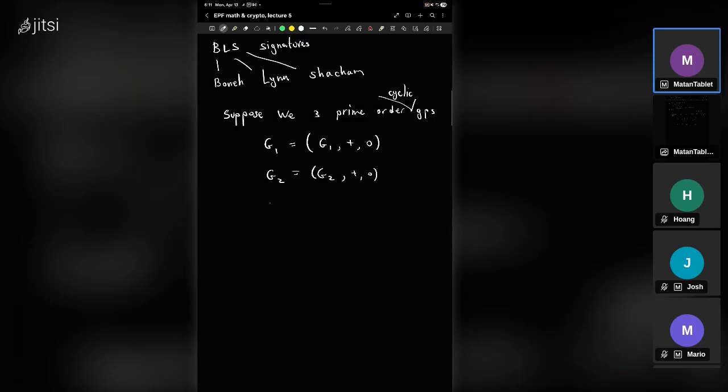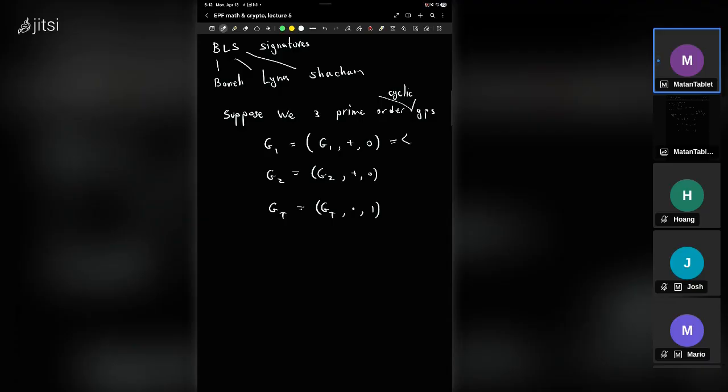And GT is written multiplicatively. And again, the construction we will do later on will explain why these notations are chosen.